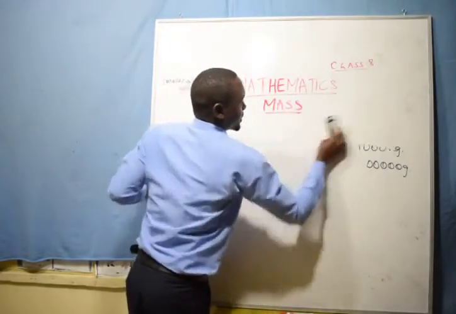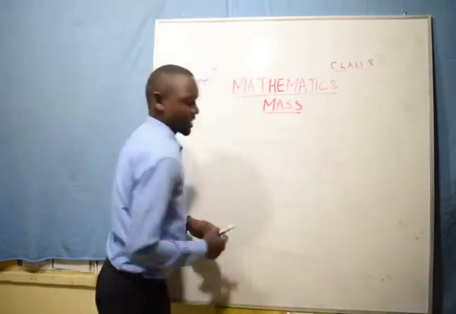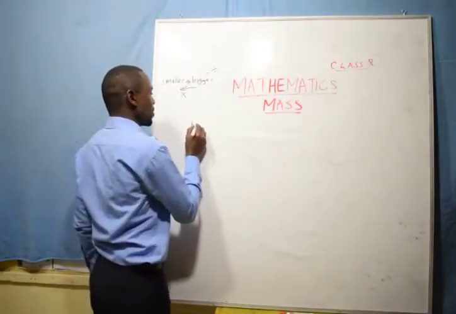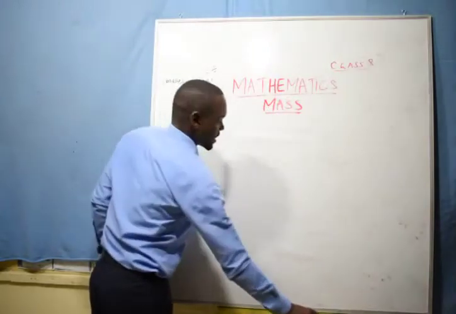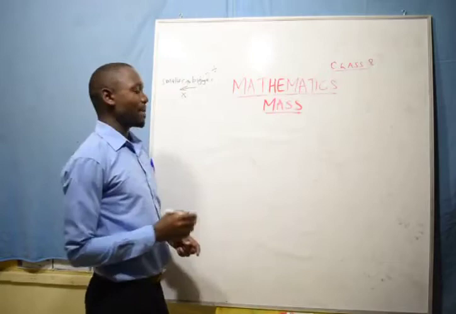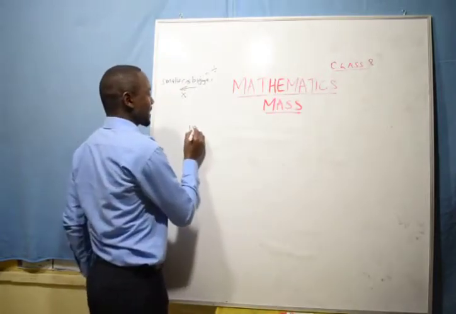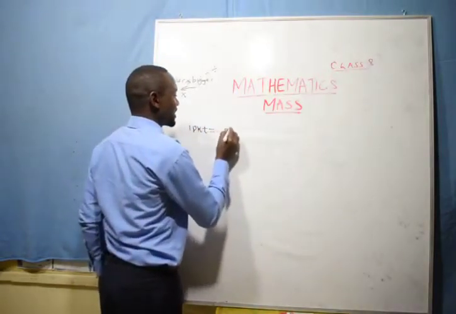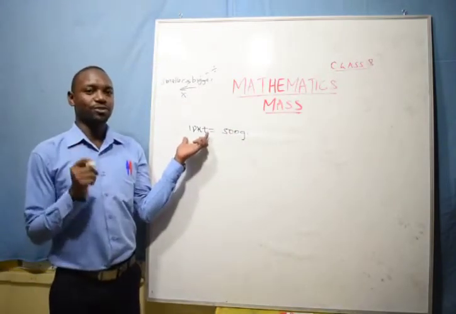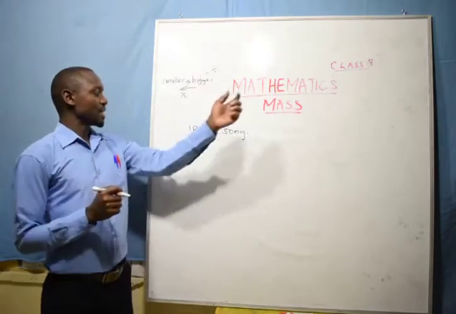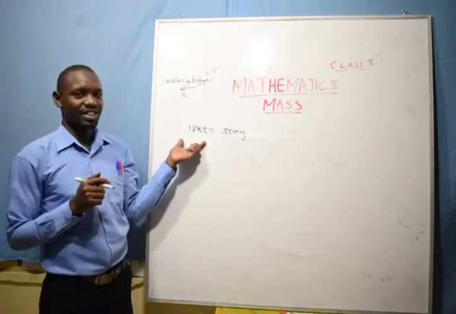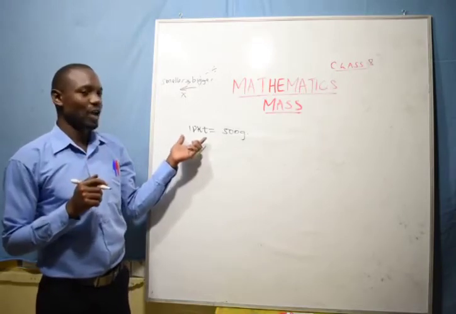The mass of one packet of salt is 500 grams. These packets were packed into a carton.